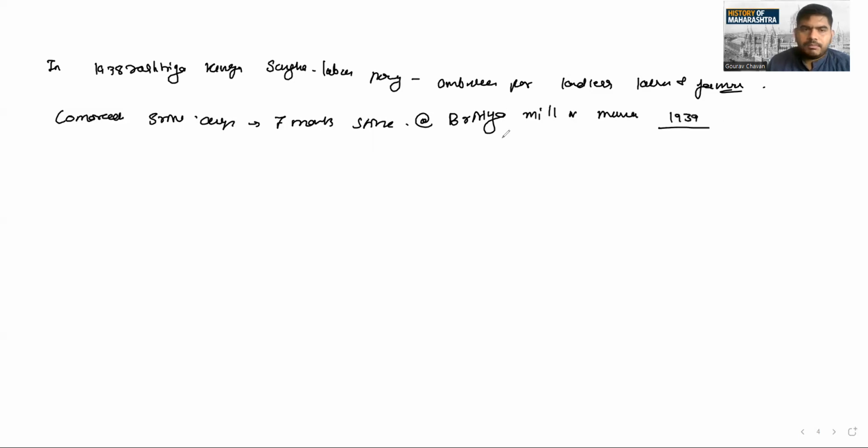Later it was called off, but this was the biggest strike ever carried out in the history of labor movements. So this was the nature of the labor movements in the pre-independence era.